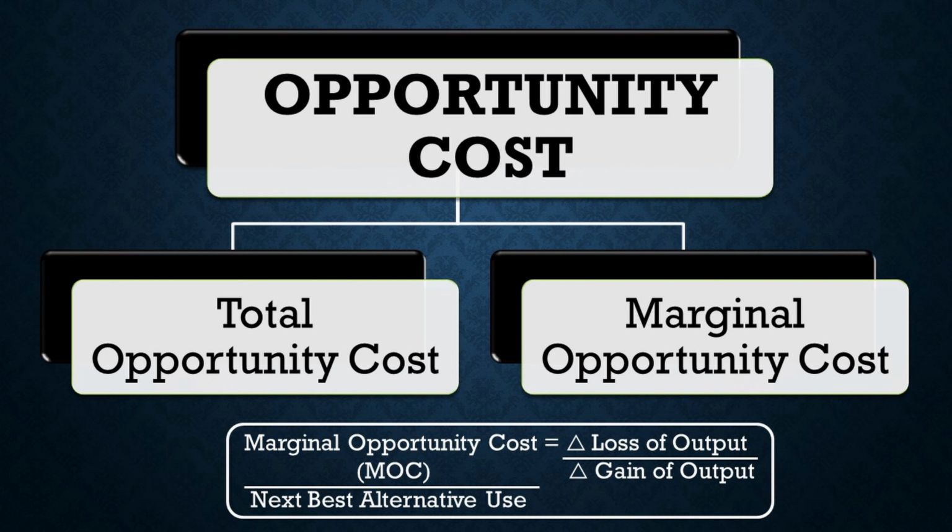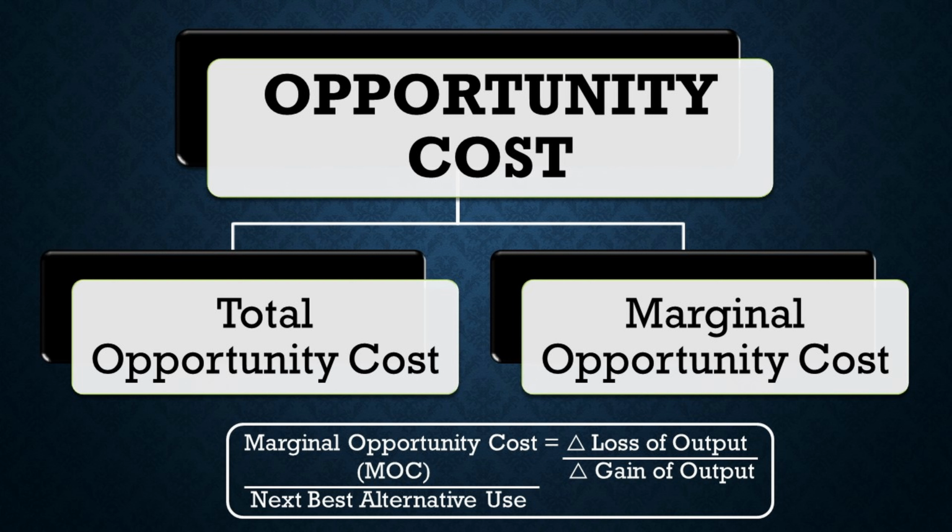It is calculated as the ratio between change in loss of output to change in gain of output. It is also known as next best alternative use.